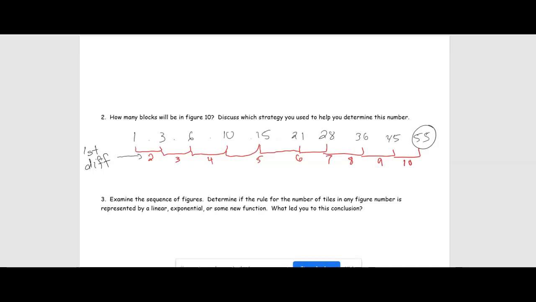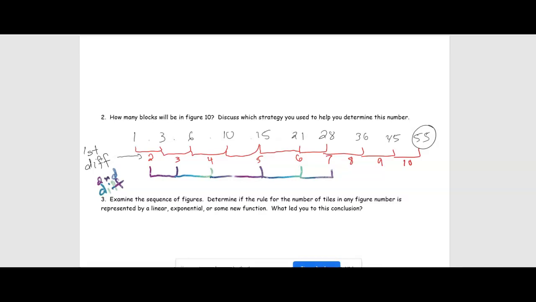But what we do have here, let me see what color is going to work. If I go from here to here, what this second row is called, and we mentioned it I think yesterday, is our second difference.